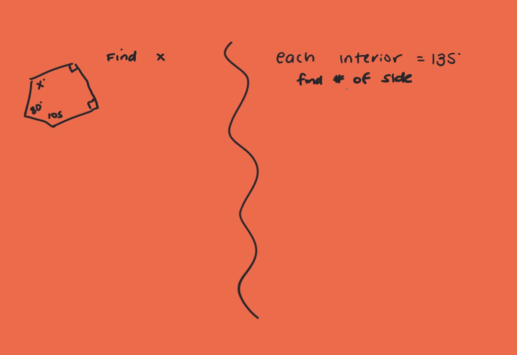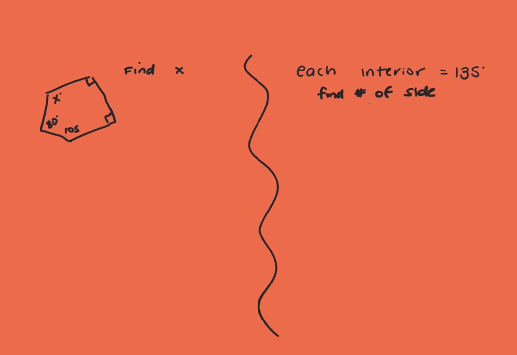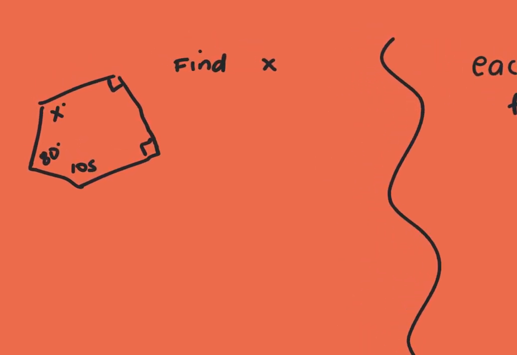So these are interior. The first thing you have to do here is figure out what they should all add up to. So because it's 1, 2, 3, 4, 5 sides, I would do 5 minus 2 times 180, or 3 times 180, which is 540. So that's what they should all add up to.